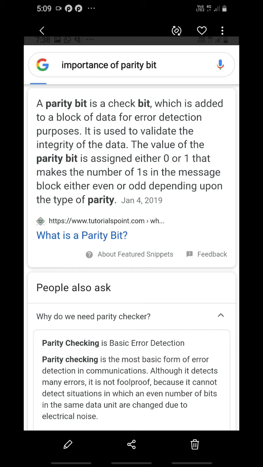This method detects 1, 3 or any odd combination of errors in each character that is transmitted. An even combination of errors is undetected. Additional error detection codes may be needed to take care of an even combination of errors.